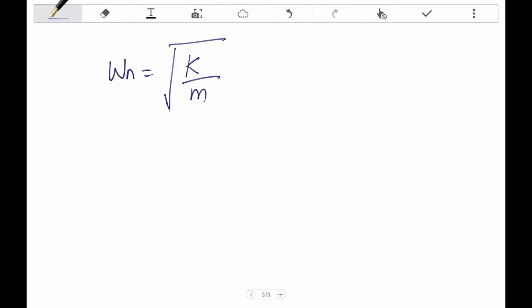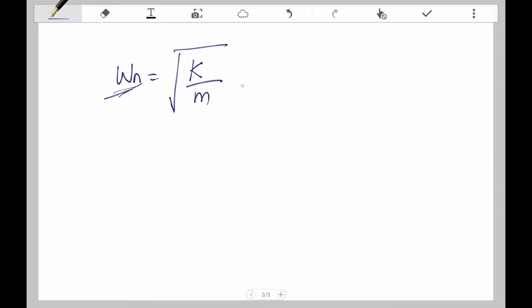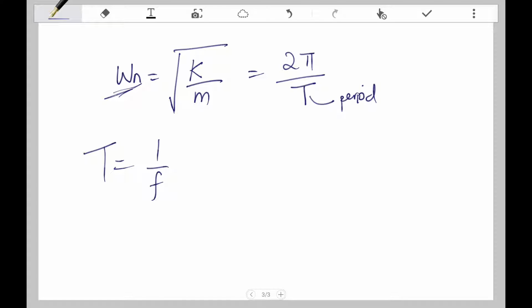That's your natural frequency, that's your natural angular frequency, and all of this can also be expressed in terms of period. And period can also be expressed as a function of frequency. Remember, the units for this are radians per second. The frequency here is in hertz. So they're both frequencies, but the units are different for each one.